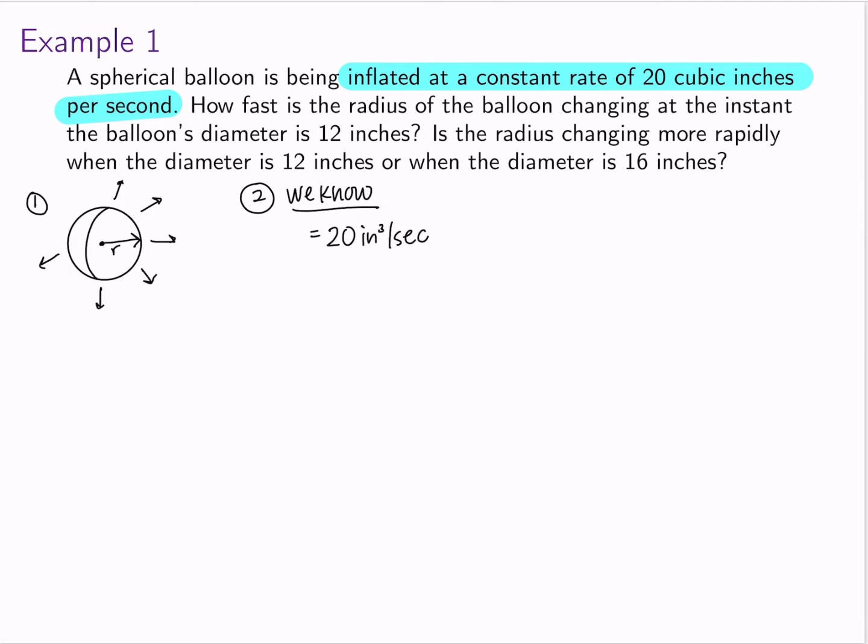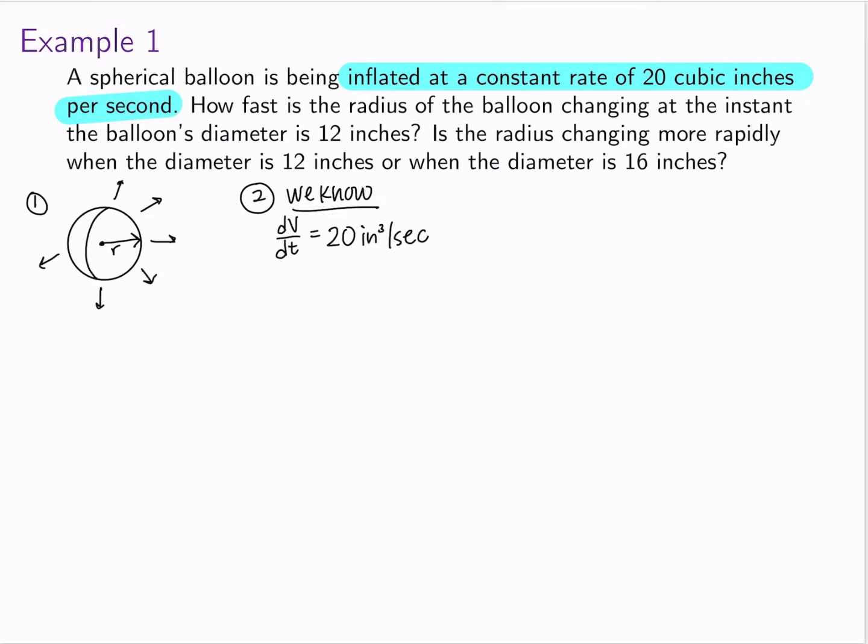But what is that? Well, it is the inflating of the balloon. That's a volume. So the volume is changing at 20 cubic inches per second. And how can we represent a changing volume? We're going to call that dV/dt, the change in volume with respect to time. This is a rate. The 20 is a rate. It is not the volume itself. It is how the volume is changing.